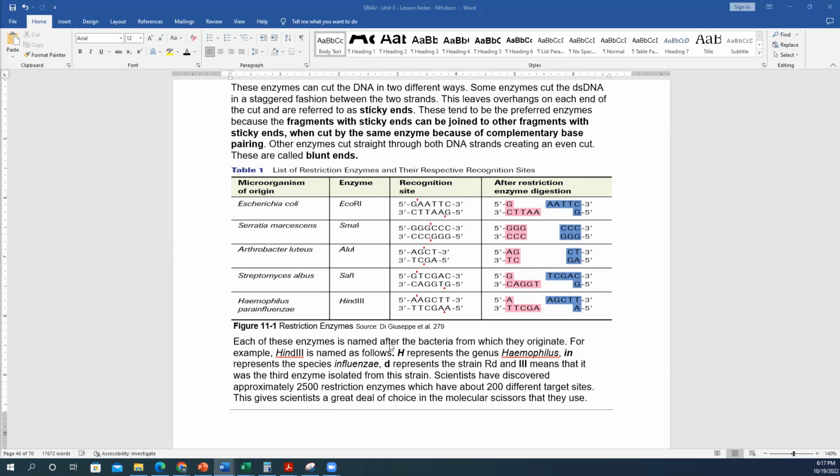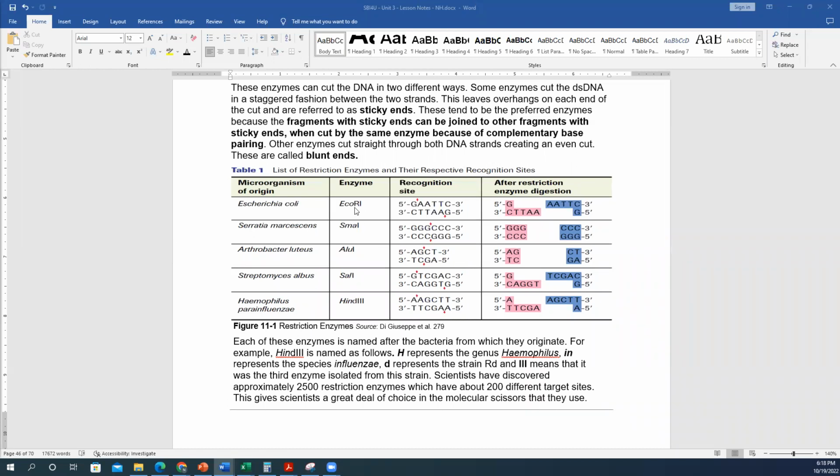These enzymes can be used under controlled laboratory conditions to target specific sequences and cut DNA into smaller fragments that become more manageable and easier to study.